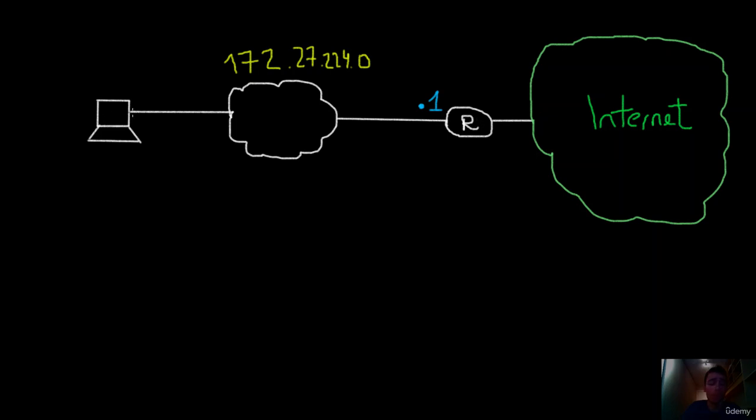Whenever we want to send a datagram from this PC to the internet, we need to follow this path. The gateway is where we reach the router. So this is the gateway, very important, not this one. This is where we arrive at the router, and in this case, it is point 1.